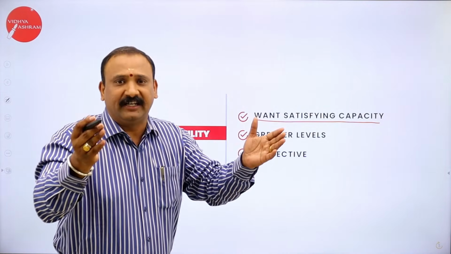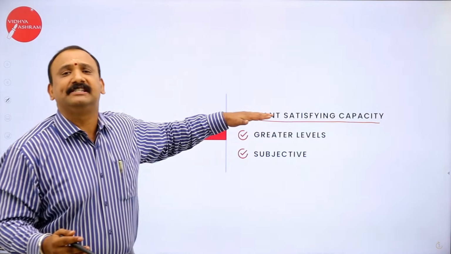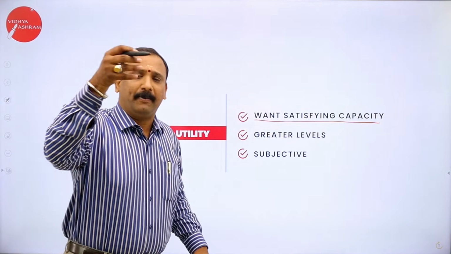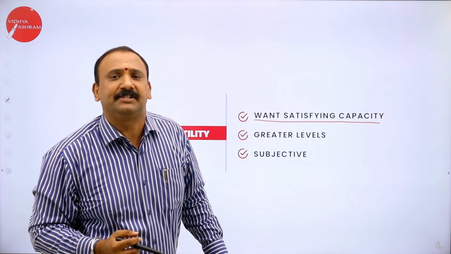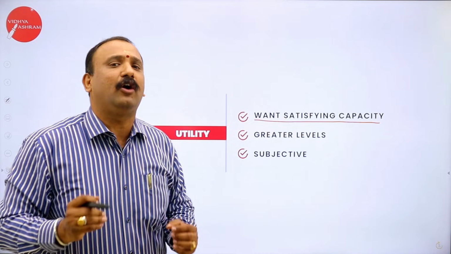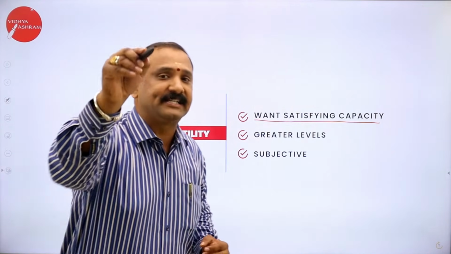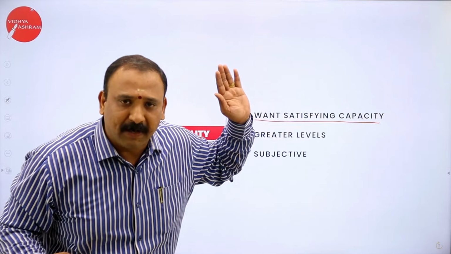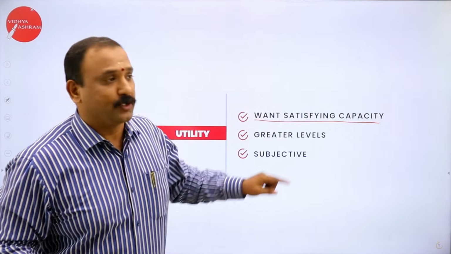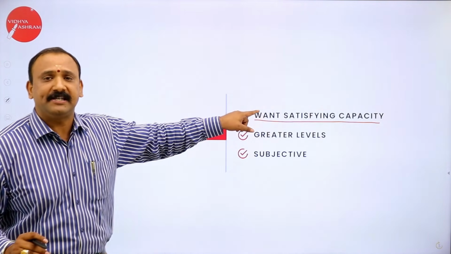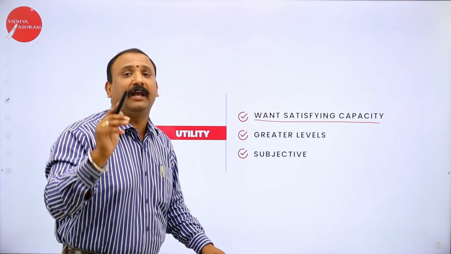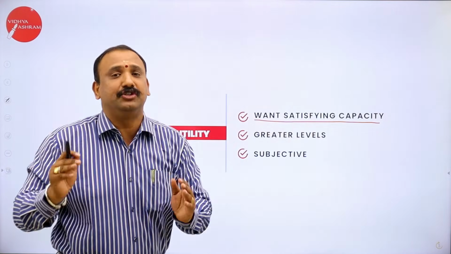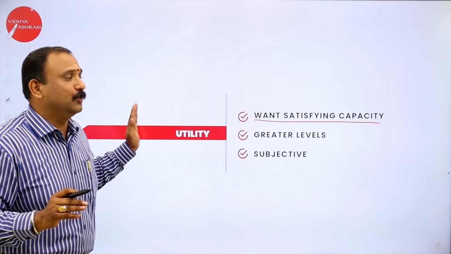What is that factor that really satisfies his want? So there is a purchasing power parity that comes inside. There is a capacity of the consumer that makes him feel that yes, I have done my maximum. I am completely satisfied. So that want satisfying capacity talks very importantly about the consumer and the utility value.